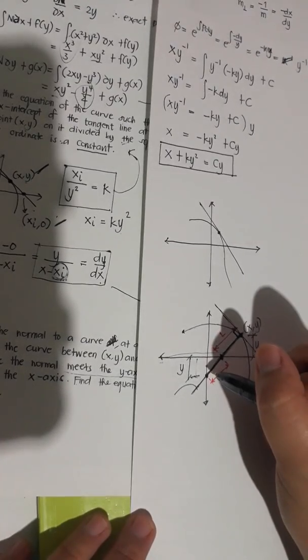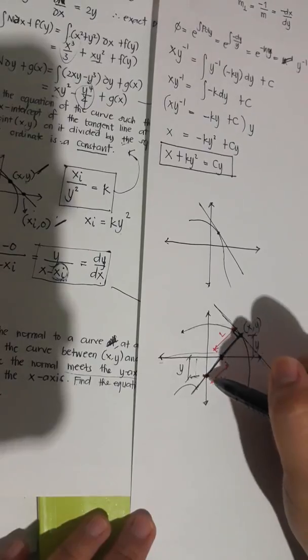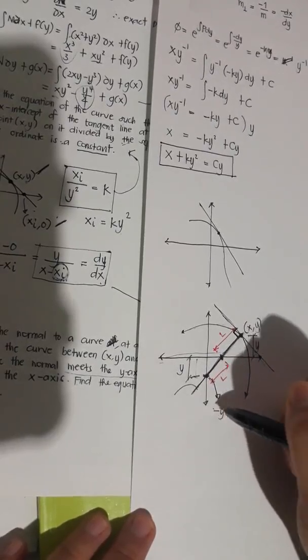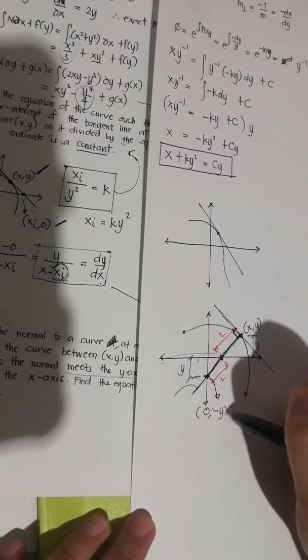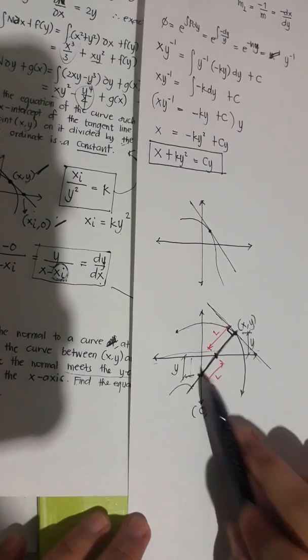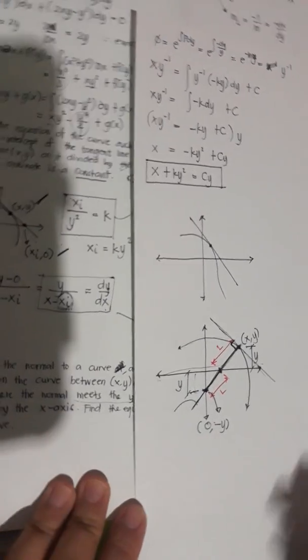And that will also mean that this point has the coordinates 0, negative y, negative because it's below the origin as described in the drawing.